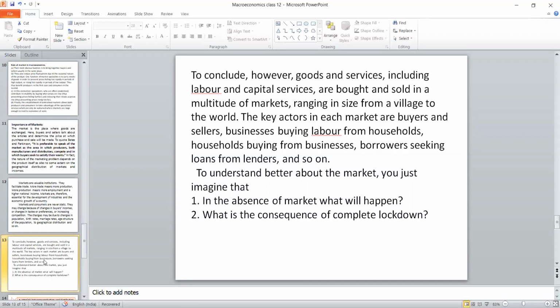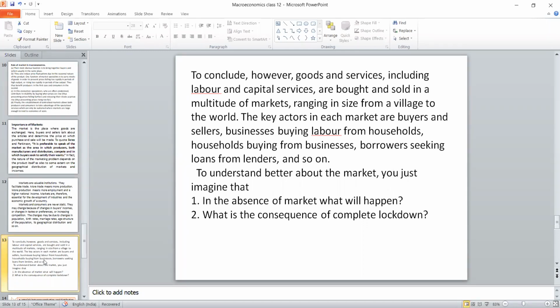In the absence, we will move to the Stone Age. Because there is a market, there is production. Because of production, we are able to generate employment. Because of employment, income is generated. The national income is increased. Because of that, development, growth, stability, all these things take place. So when there is an absence of market, it's nothing but we cannot improve.